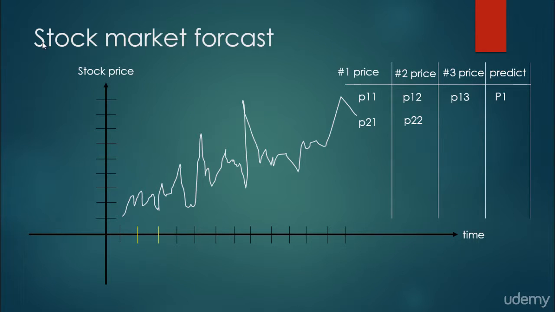Then P21, P22, P23, and the new prediction will be the next one. Why is it good? Because we keep constructing a training set with which we are able to predict, according to the 3 previous stock prices, the next one.